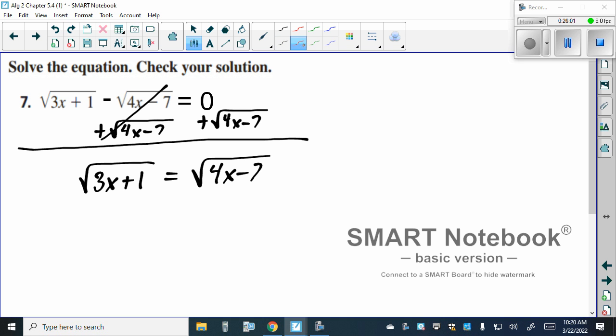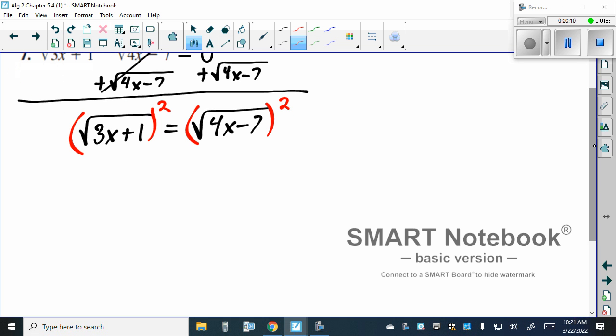And now, since we only have one of them on either side, we can square both sides. Here, square and square will cancel, telling us that we have 3x plus 1 is equal to 4x minus 7.